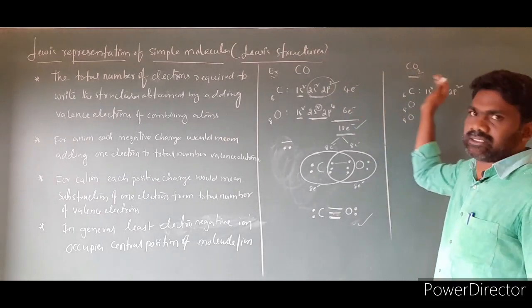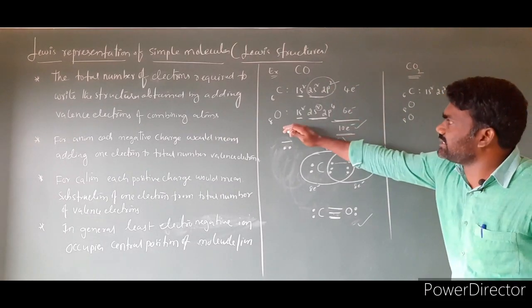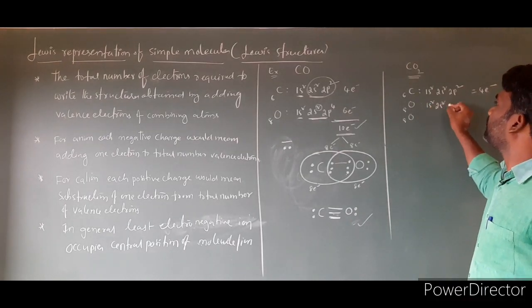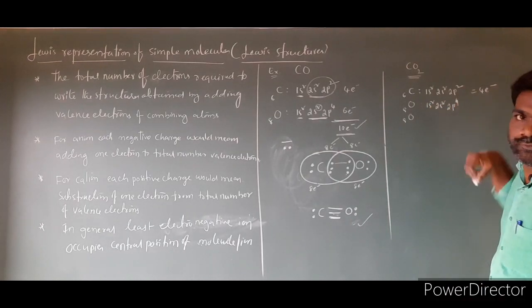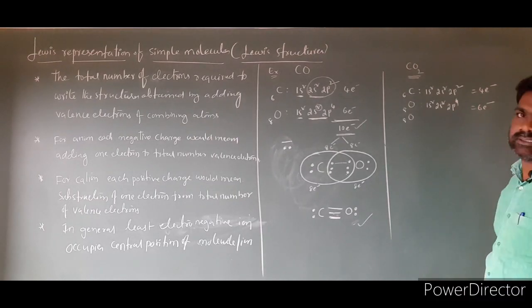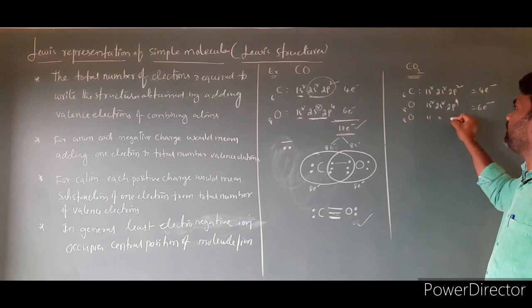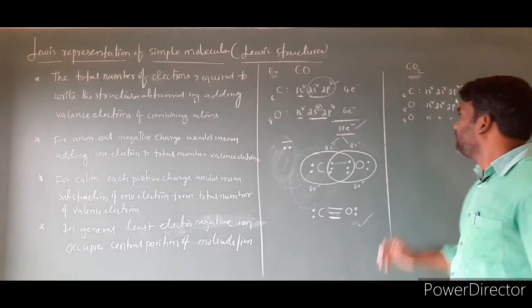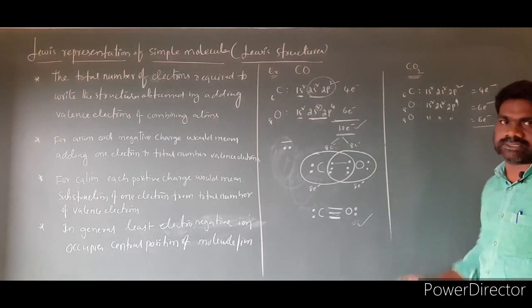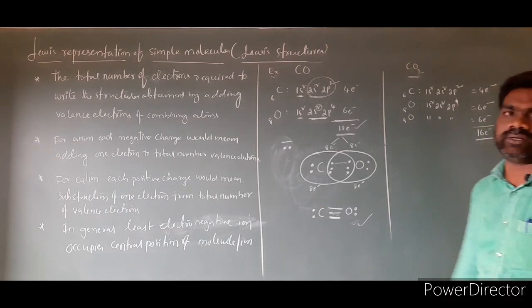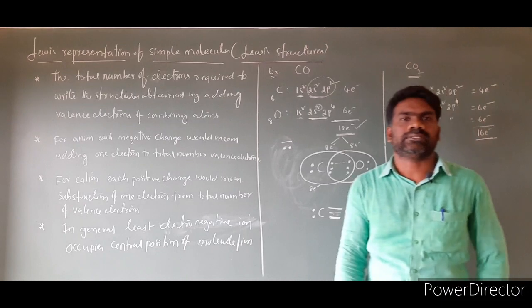Oxygen is 1s2, 2s2, 2p4, so 2 plus 4 equals 6 valence electrons. This oxygen also has the same configuration, 6 valence electrons for each oxygen. The total number of valence electrons is 6 plus 6, 12, plus 4, 16. The total number of valence electrons in the carbon dioxide molecule is 16.